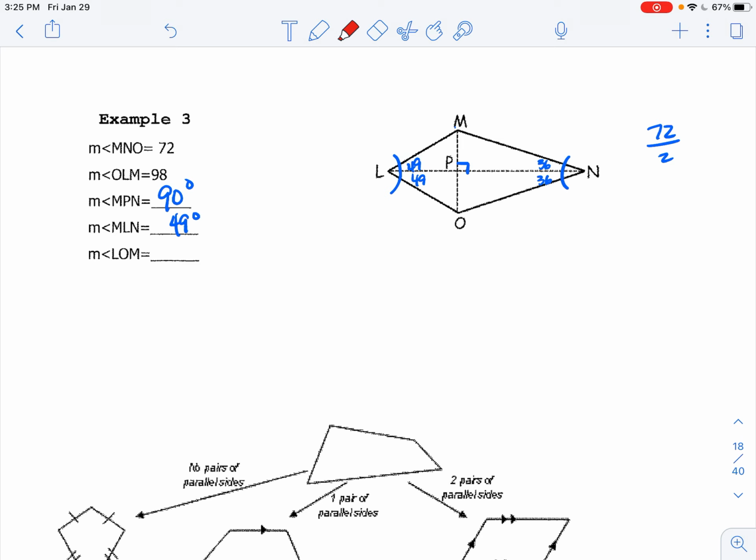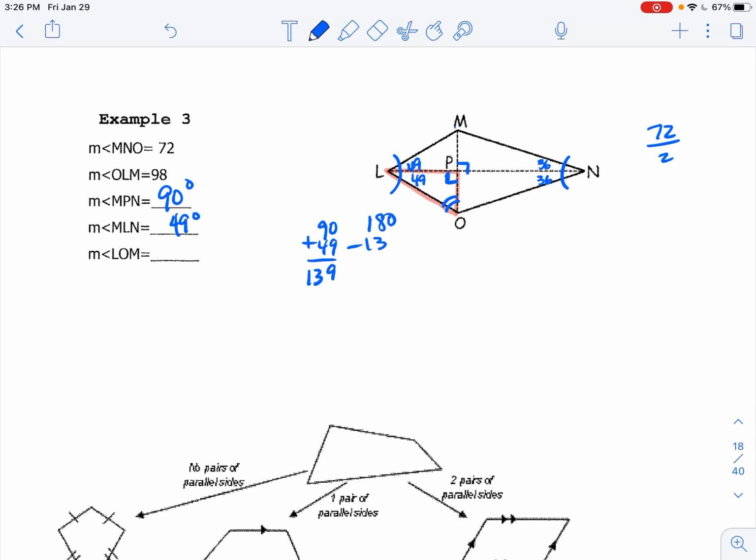But if I take this little triangle, and I'm looking for this angle right here, that's the LOM angle. I've got a little triangle, and one angle's 90, one angle's 49. Let's add those together, subtract from 180, and we'll get this one. So 90 plus 49 is 139.